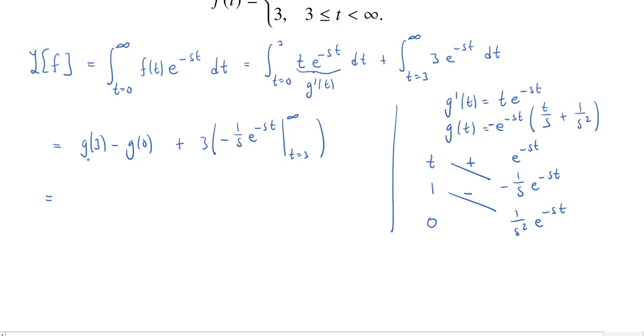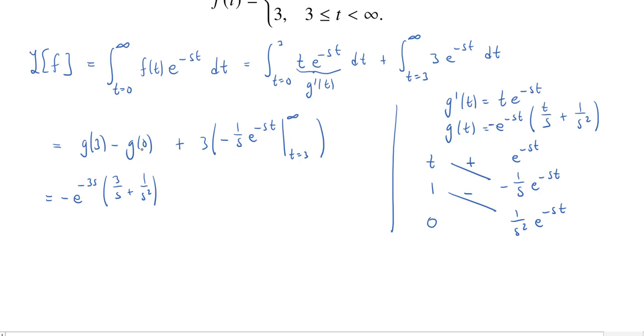So let's see, what is our g of 3? So we just evaluate this function at t equals 3. So that's pretty easy. We have negative e to the negative 3s, and then we'll have 3 over s plus 1 over s squared. So 3 over s plus 1 over s squared.